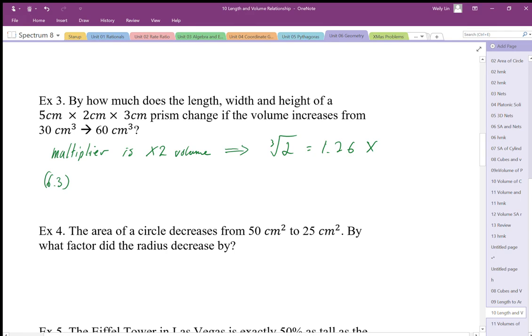I'll do the same thing to the 2. I'm going to end up with 2.52. And I'm going to take that 3 centimeters of height, and I'm going to end up with 3.78.